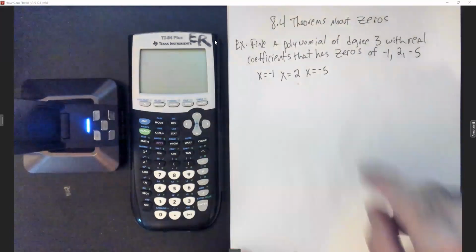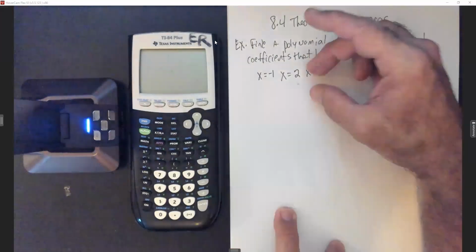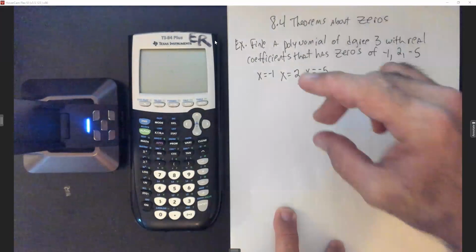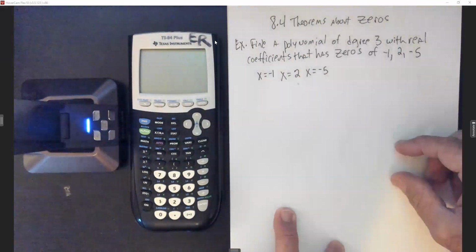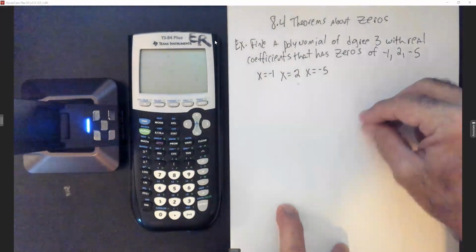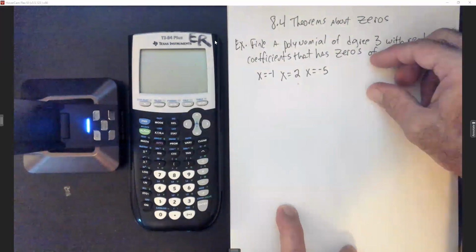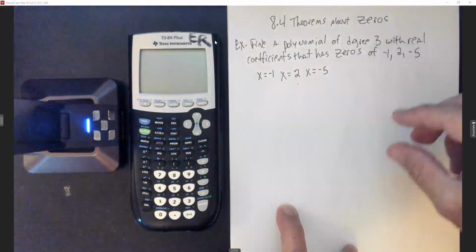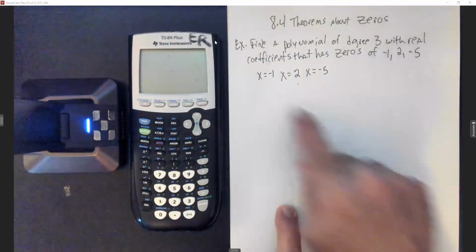To find the polynomial, I've got to take these answers and work in reverse to get to my polynomial. It's going to be the reverse of when y'all were factoring. When we gave y'all polynomials and said find the solutions, you factored it, set each equal to 0, and then you got your answers like this. So we're going the other way.